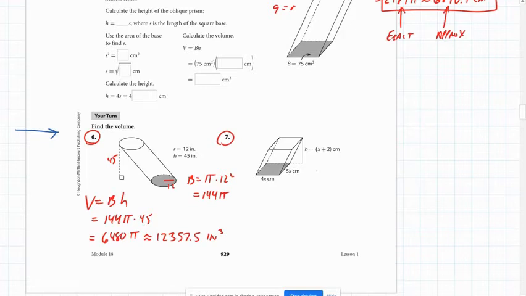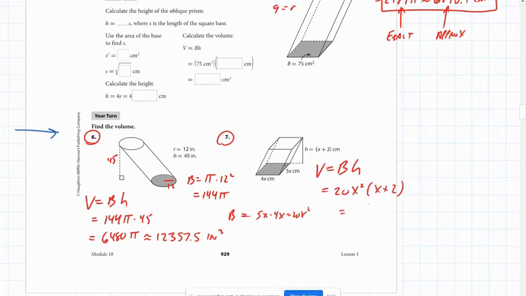For problem number 7, volume is also base area times height. And the base area is 20x squared, because 5x times 4x is 20x squared. So that's our base area. And then our height is x plus 2.